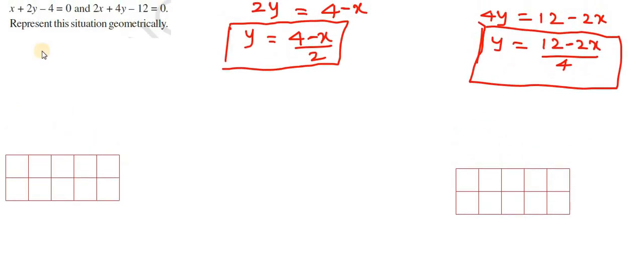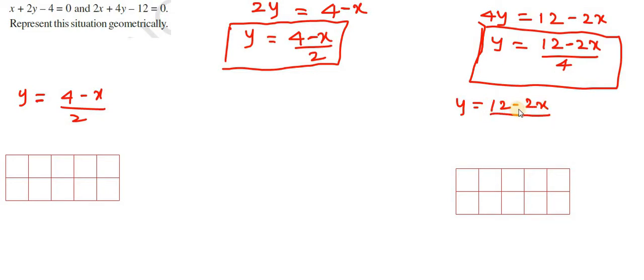Now you know how to make the table. Write the values for x and find the values of y. You can give any values. I'll take 0, 1, 2, 3. You can take any other values from 0 to infinity, even negative numbers also.